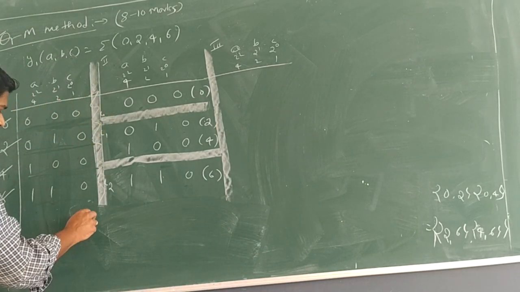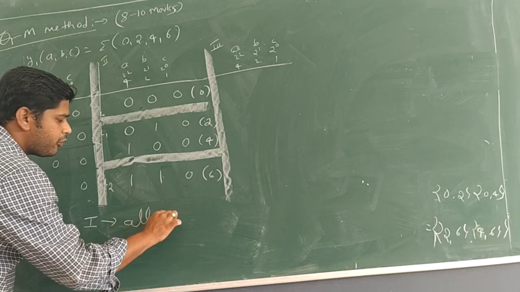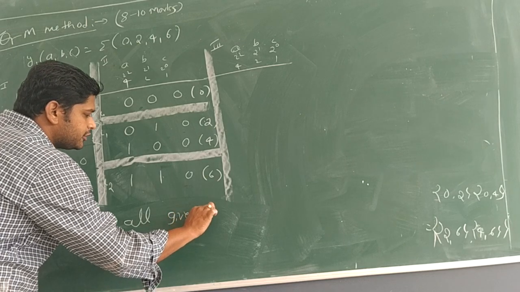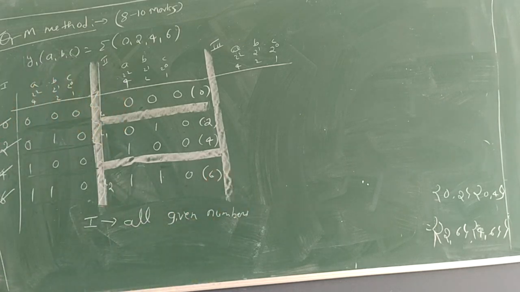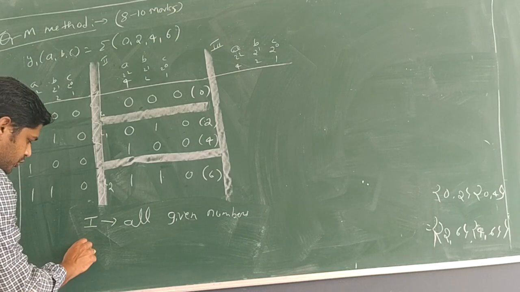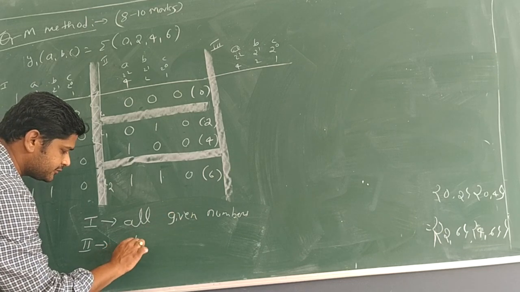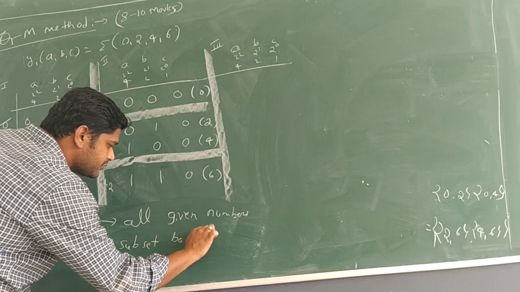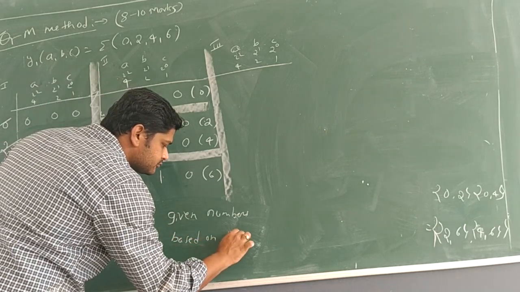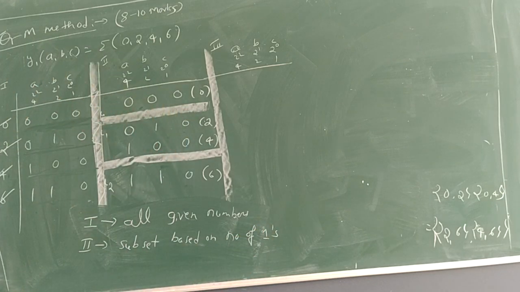Now I will write one definition. Step number 1: all given numbers. See, all given numbers. Step 2: subsets based on number of ones.